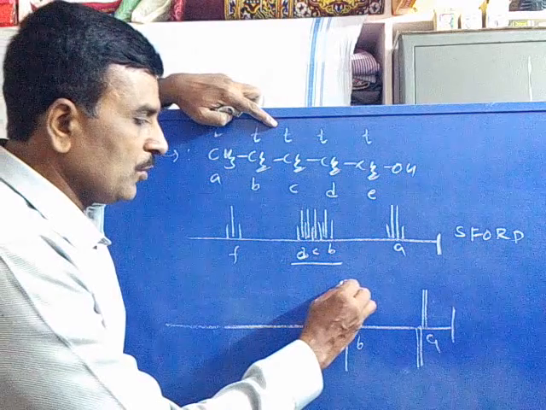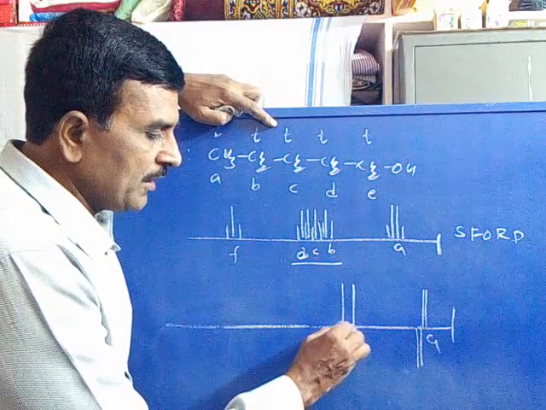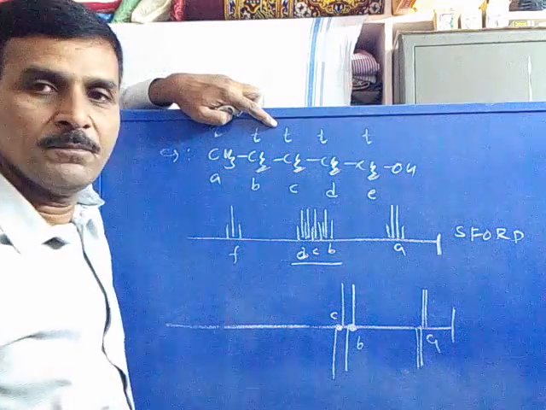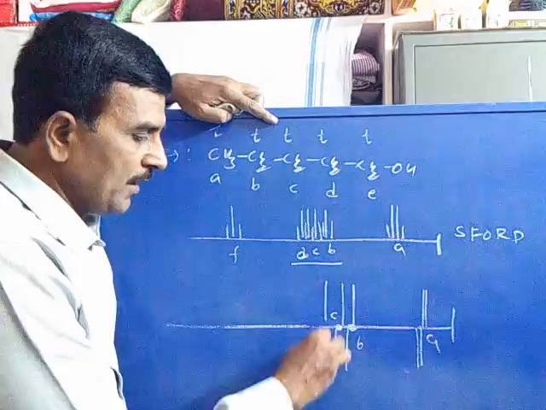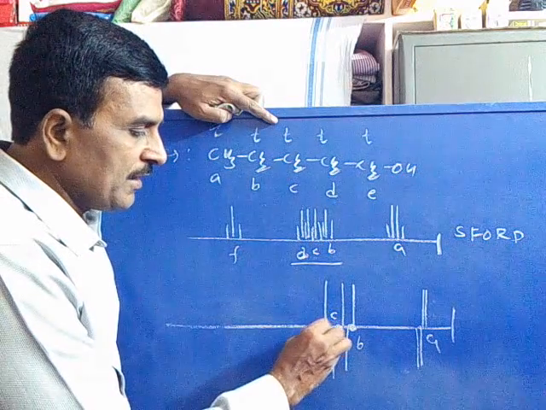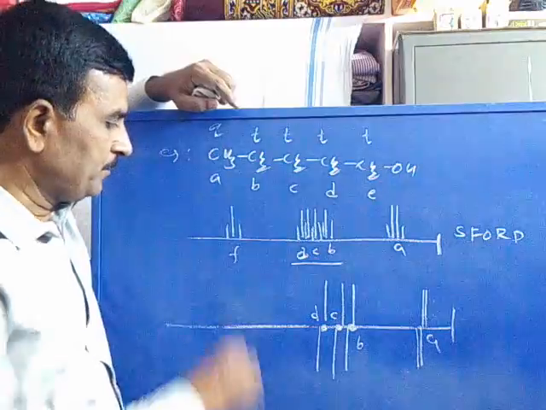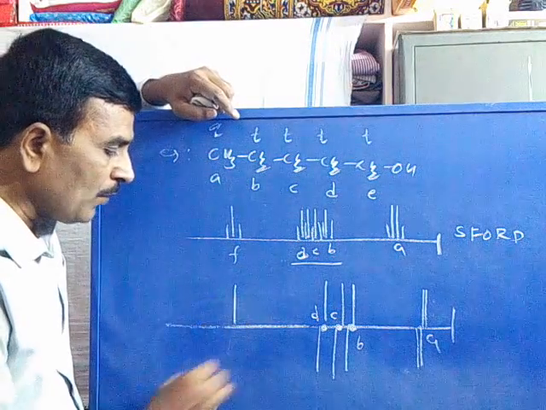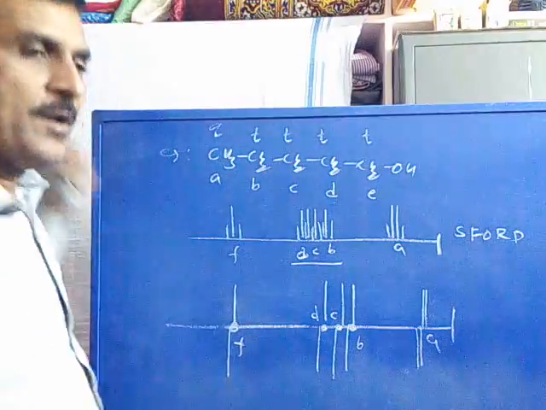C carbon is also a triplet, recorded with 1 positive, 1 negative, zero intensity middle line. This is C carbon. Similarly, D carbon, one positive, one negative line with a zero intensity middle line, related to D carbon, a triplet. F carbon, one positive, one negative, zero intensity middle line, F carbon.